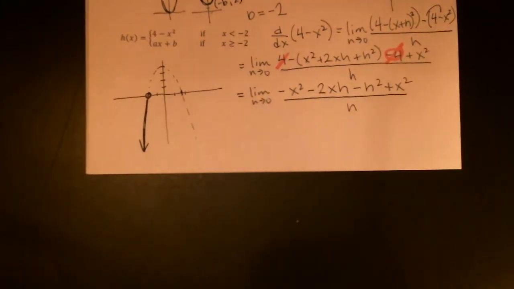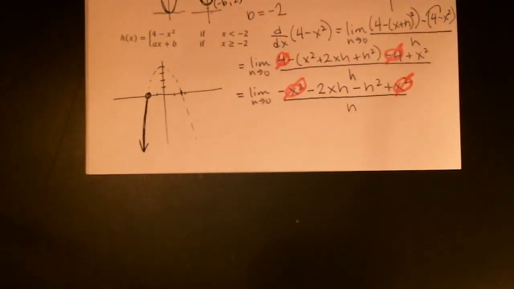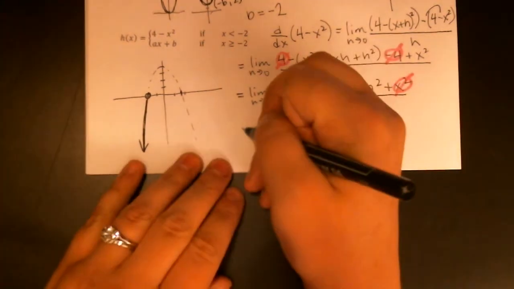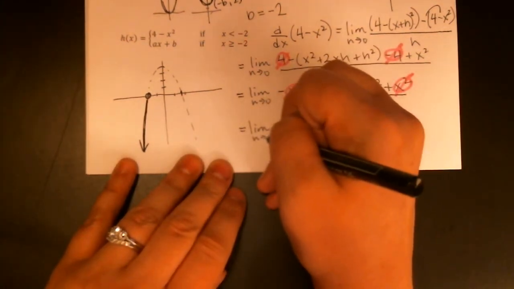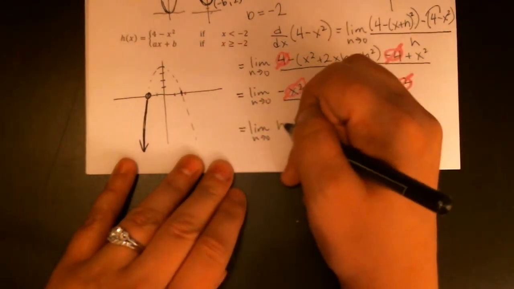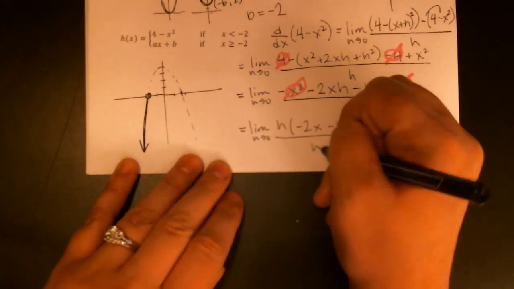Okay, so now we can get rid of x squared, so we have a plus and a minus, and then we can factor out the h. So I have the limit as h approaches 0 of h times (negative 2x minus h) over h.